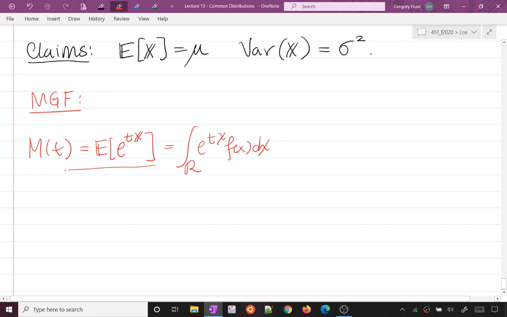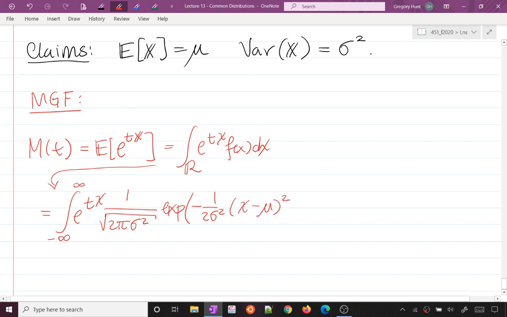Specifically, in our case, it's the integral over the whole real line, because this PDF is non-zero for the whole real line, of e to the tx, and then let's plug in our PDF: 1 over root 2 pi sigma squared, exponential of negative 1 over 2 sigma squared times (x minus mu) squared, and then there's a dx on the end of this.